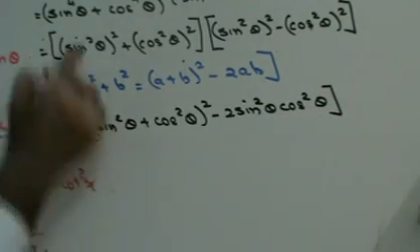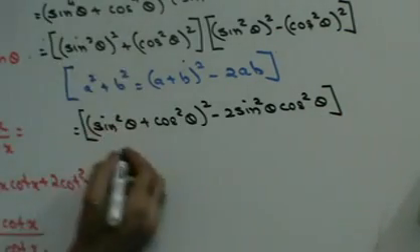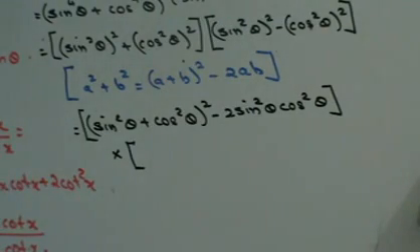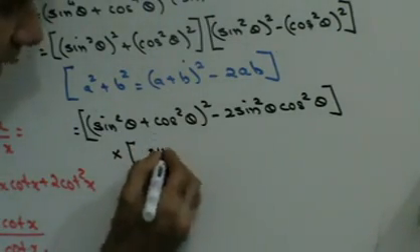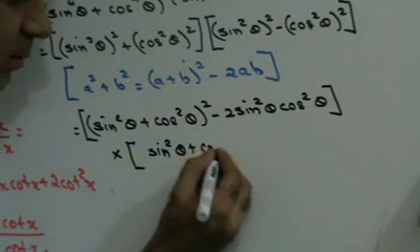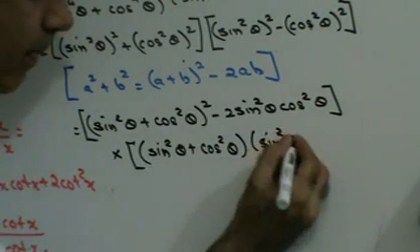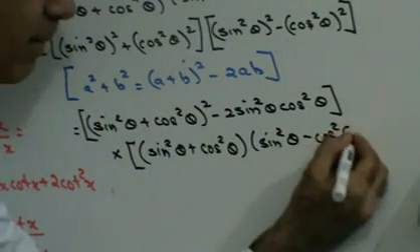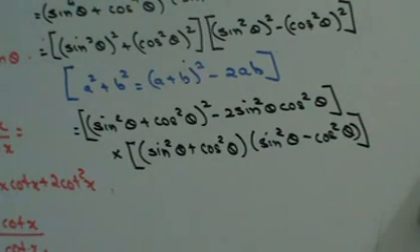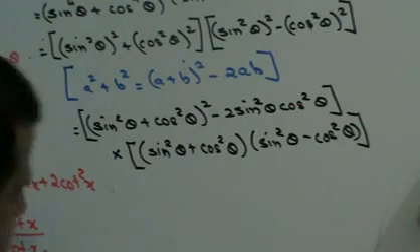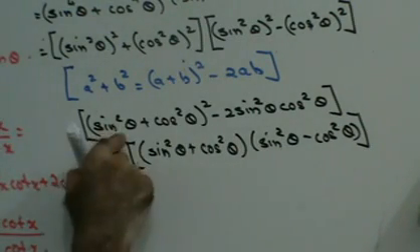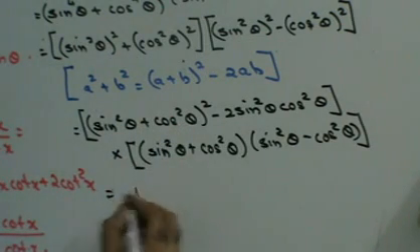That is going to be the expansion of my first bracket. Second bracket into. This is in the form a square minus b square, so this will be a plus b into a minus b. Fine. Now, sin square theta plus cos square theta is 1.